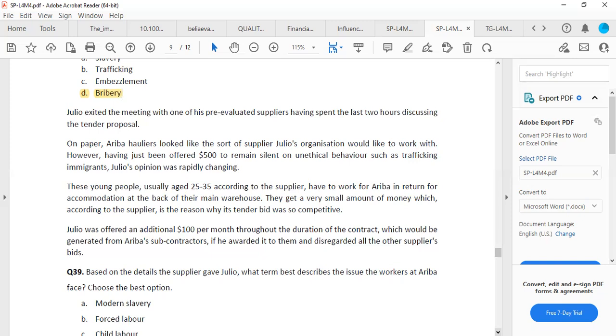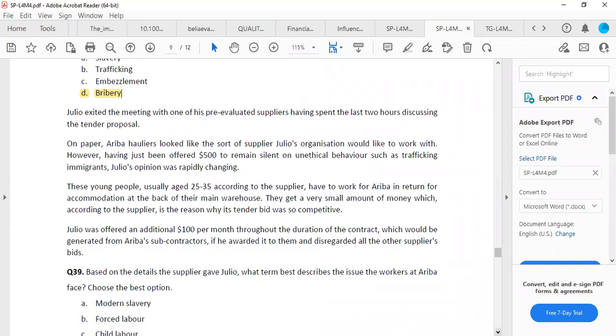These young people, usually aged 25 to 35, according to the supplier, have to work for Ariba in return for accommodation at the back of their main warehouse. They get a very small amount of money, which according to the supplier is the reason why its tender bid was so competitive.